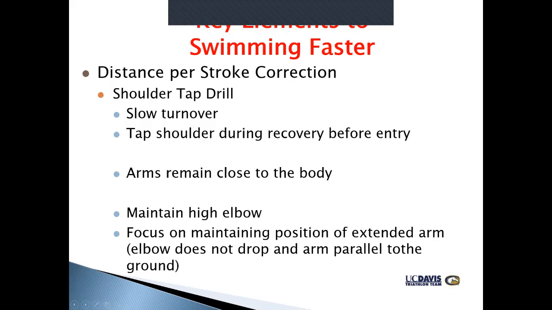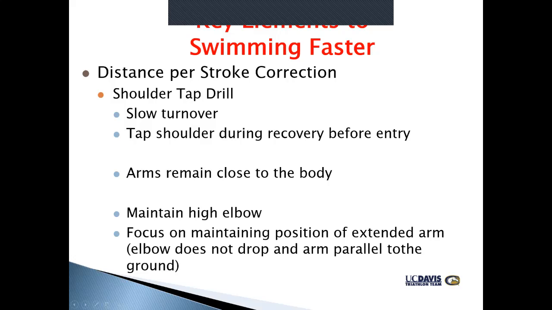You're going to tap the shoulder during your recovery phase of this drill, which means that your forward arm is extended out in front of you, and it stays extended through this slow turnover. So that's where the main focus is in terms of increasing your distance per stroke.